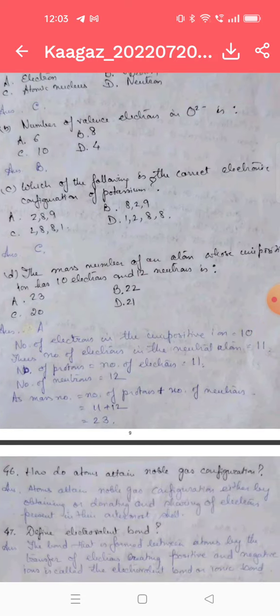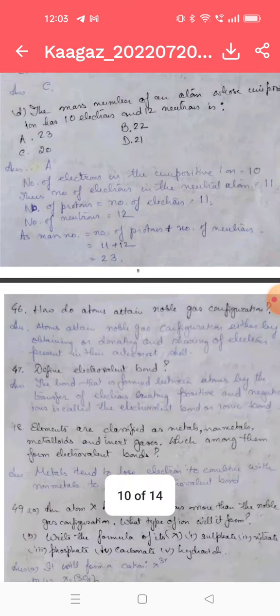So the number of protons will also be 11, and the number of neutrons is 12. So 11 plus 12 will be 23. That's why it's 23, and that's why the answer is A.